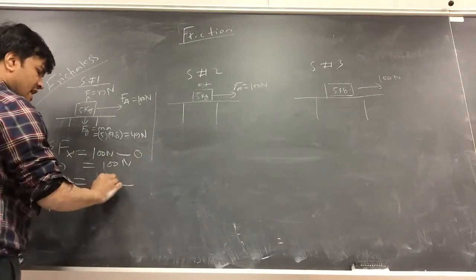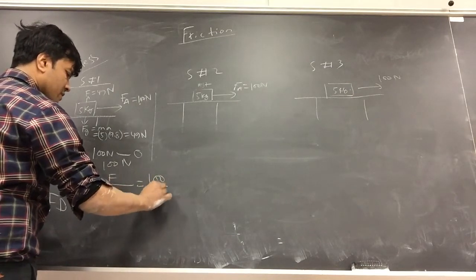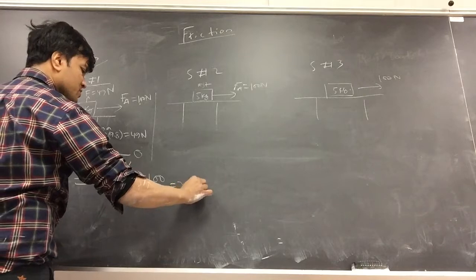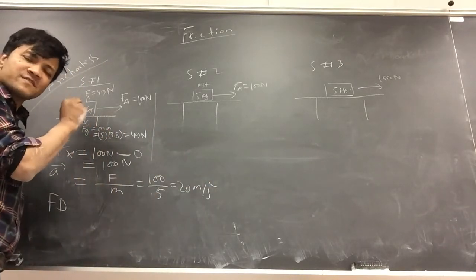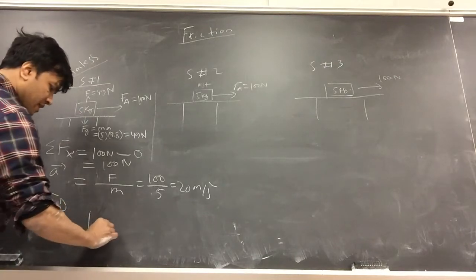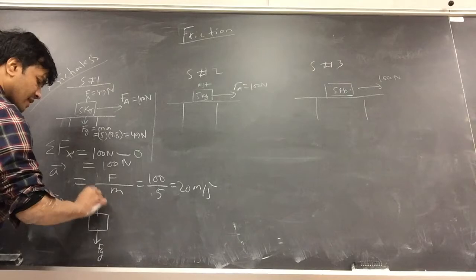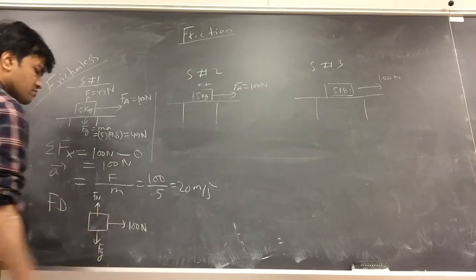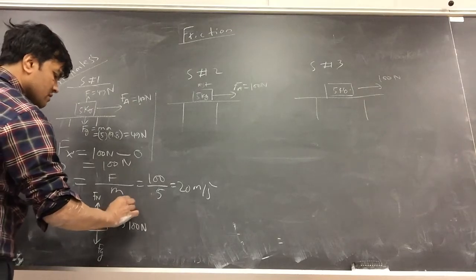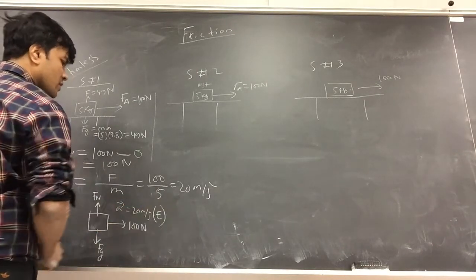Acceleration is F over m, 100 over 5, 20 meters per second squared. So this box is accelerating 20 meters per second every second. Then you draw the diagram: F sub g, F sub n, 100 Newton, and acceleration 20 meters per second squared to the east. Okay, we're done with this one.